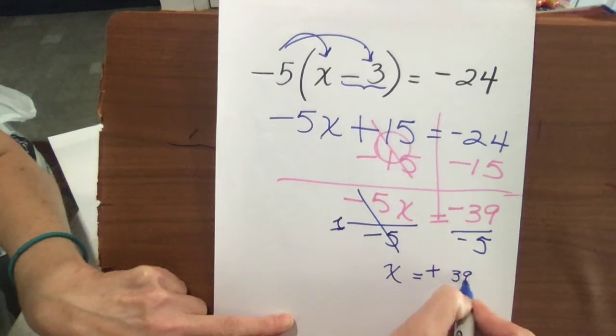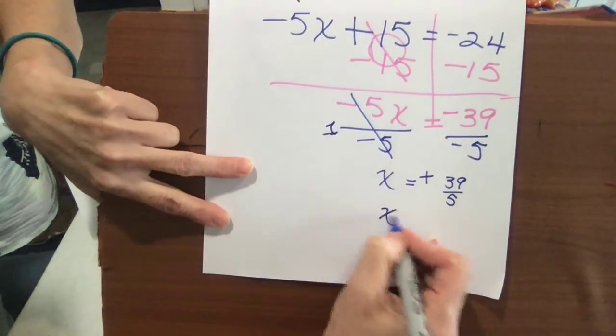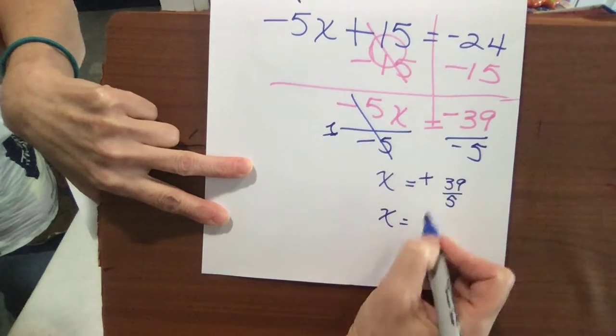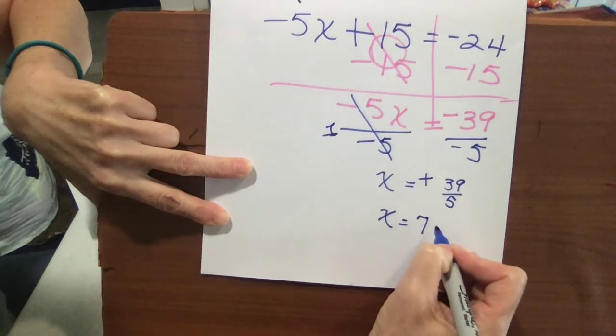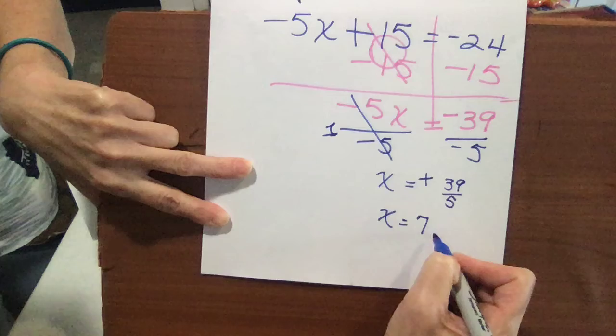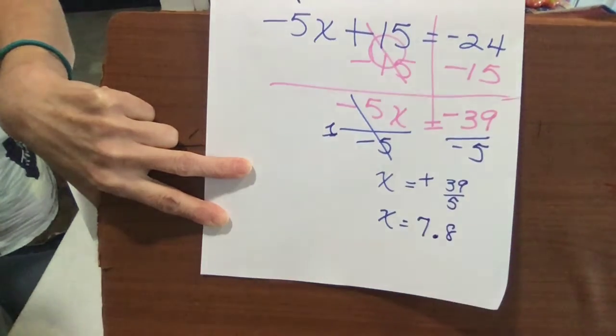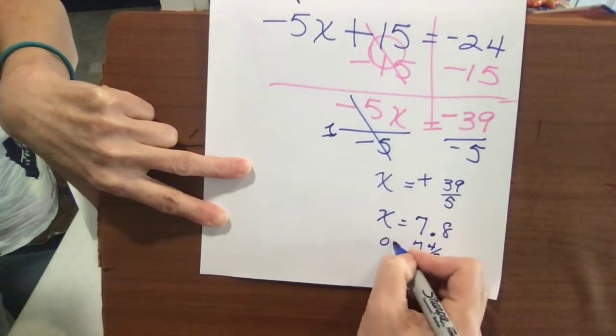So you can leave it as 39 over 5, or if you want an idea of what that number is, 5 goes into 39 7 times, gives us 35 with 4 remaining, so it'll be 0.8, I think it comes out to, yeah, 0.8. So it'll be 7 4/5, or it'll be 7.8.